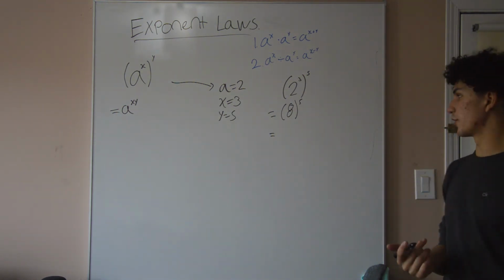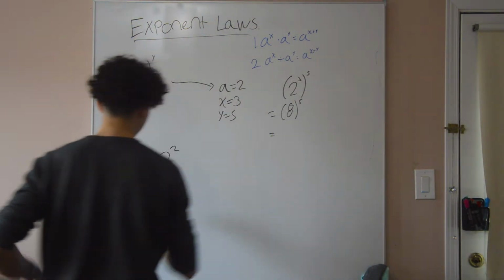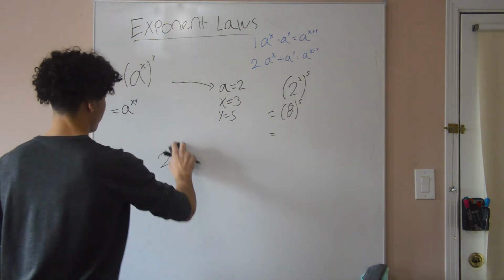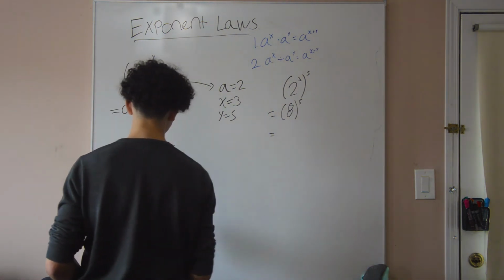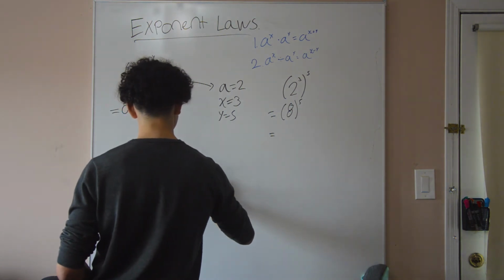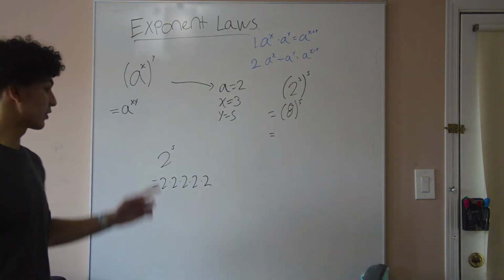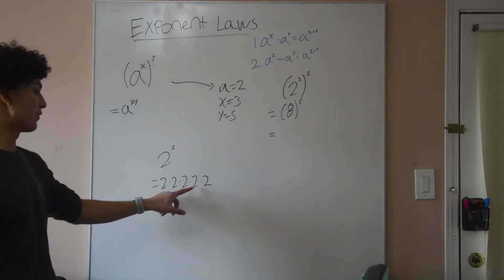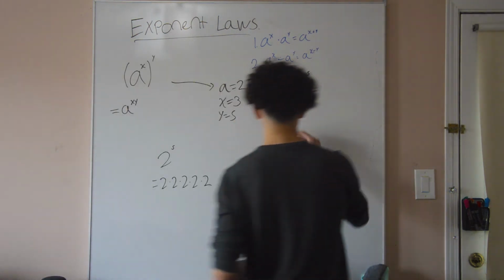What is an exponent? Well, an exponent is multiplying a number by itself the exponent number of times. So if I have 2 to the 5, it's 2 times 2 times 2 times 2 times 2. We're multiplying 2 by itself 1, 2, 3, 4, 5 times. So that's essentially the same thing here.